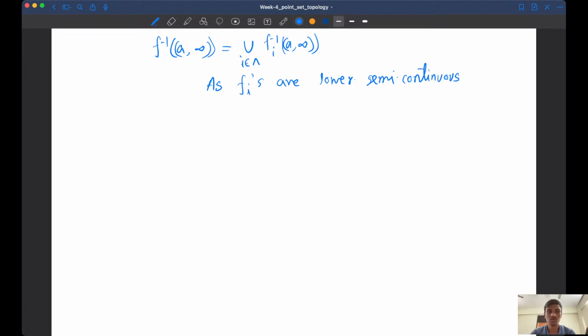So f_i inverse of (a, infinity) is open for all i belonging to this set, and a is such that minus infinity is less than or equal to a, less than infinity.